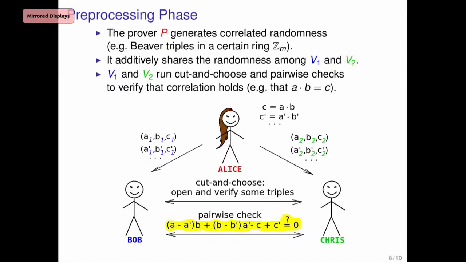And what is the main difference between how it is usually done, these preprocessed triples, is that all these triples are known to the prover. And this allows us to make this generation more efficient. We don't need to write a secure protocol that generates these triples.